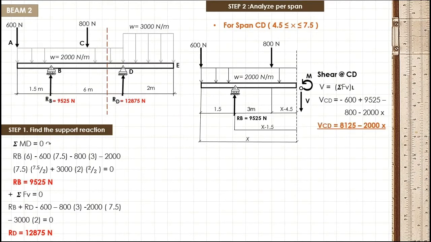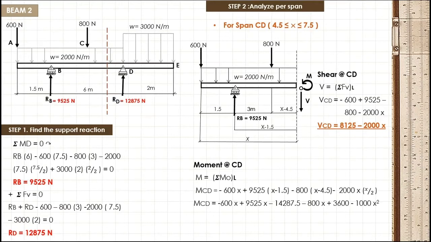So if we simplify it, we will now have 8,125 minus 2,000 multiplied by x. Moment at CD, we will have M is equal to the summation of moment considering the loads at the left side of our section plane. To simplify it, we will now have 8,125 multiplied by x minus 10,687.5 minus 1,000 multiplied by x squared.